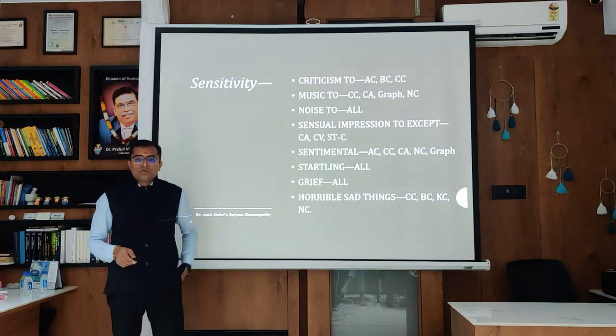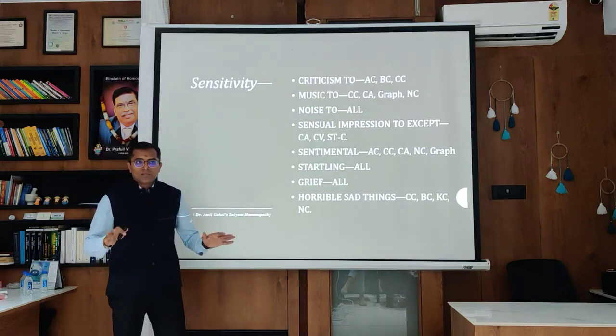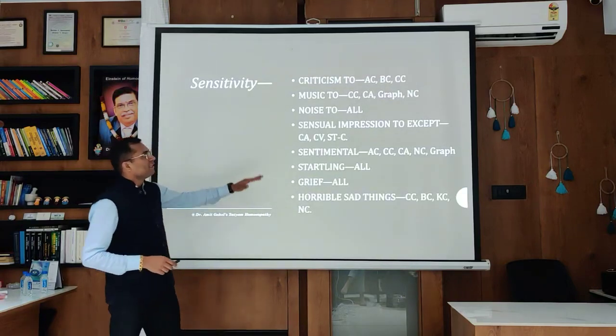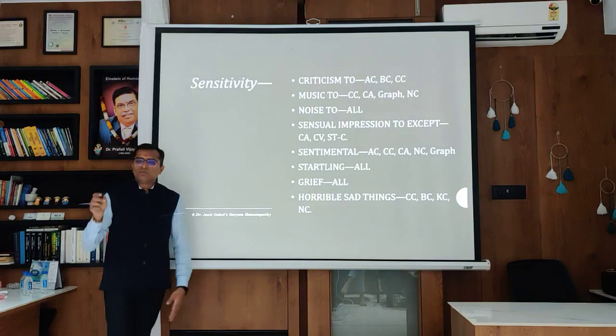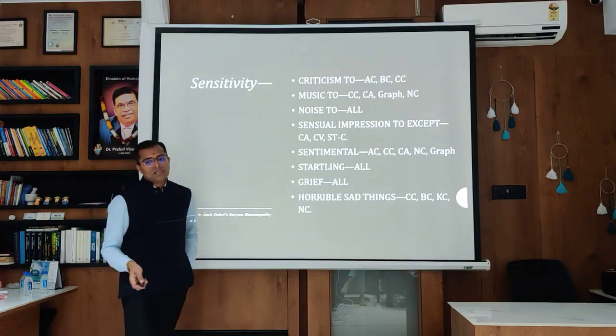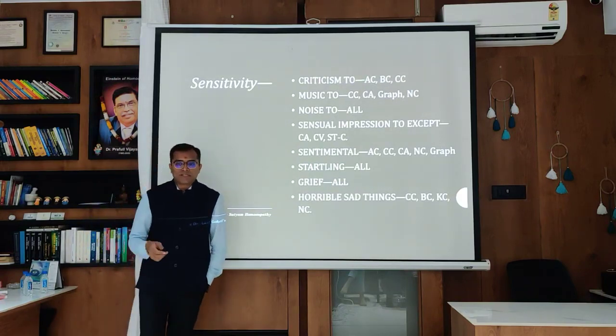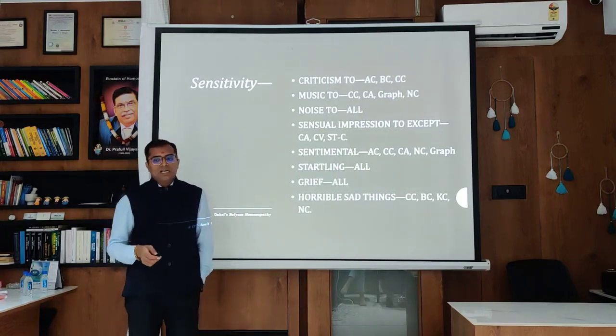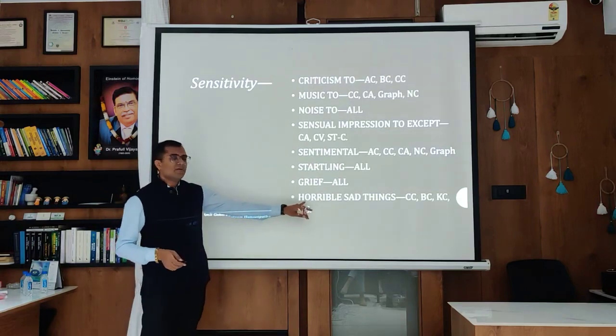Sensitivity. I am giving you all the carbons and carbonicums components, not just carbo veg or carbo animalis. In that: sensitivity to criticism, to music, to noise, to sensual impressions, sentimental, sensitivity to startling, to grief, and horrible sad stories affect profoundly. So all carbons have this sensitivity.